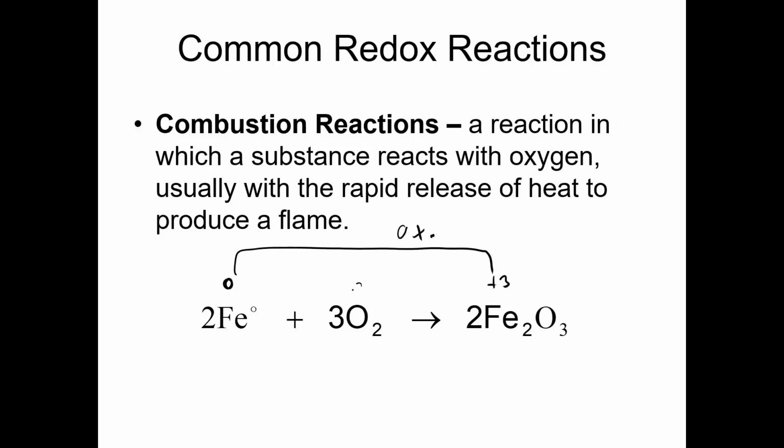Oh, look, I have a different font here. I should probably change that. Here we have oxygen going from 0 to -2, so that again is the reduction. All right, so if you have oxygen as a reactant going to some sort of oxygenated compound, whether it's iron(III) oxide or water, it's going to be the species that's reduced.